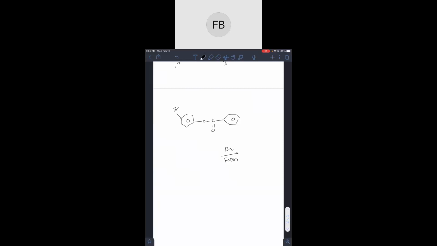Okay, 5F. So February 4th again, 5F. So what this is, it looks like that. And this is reacting with, I'm just going to change it real quick. All right.